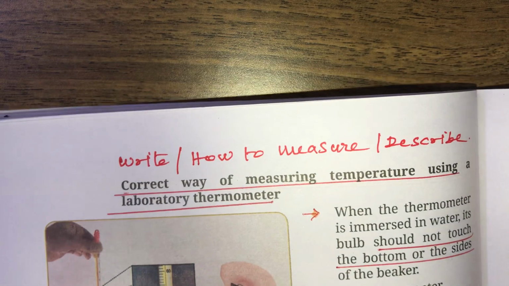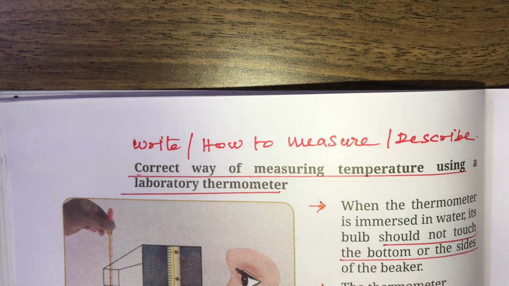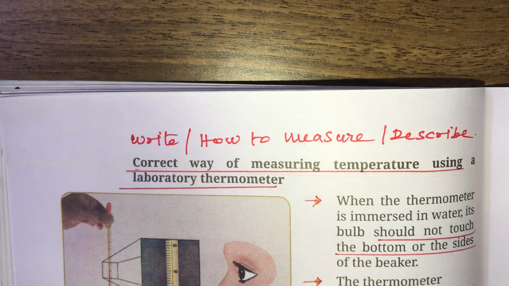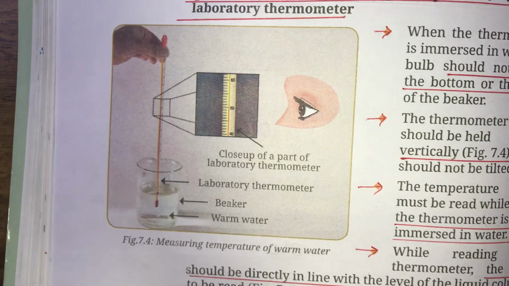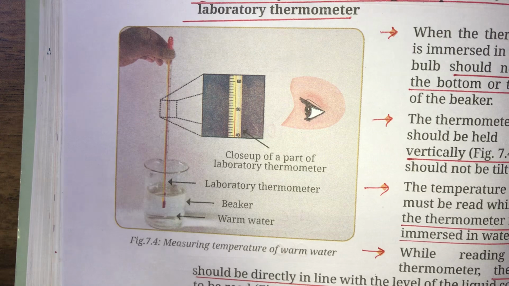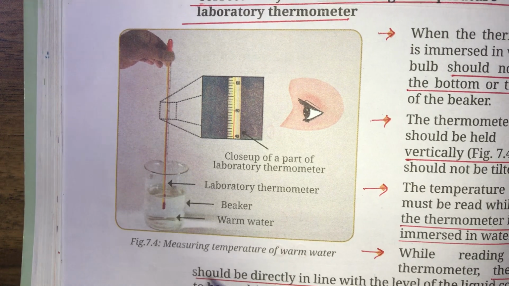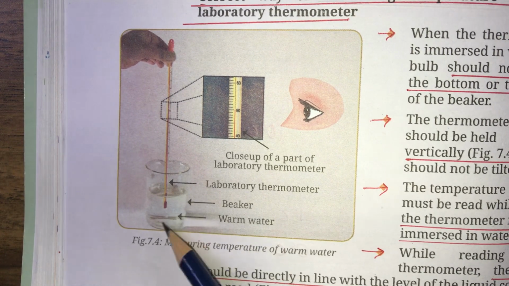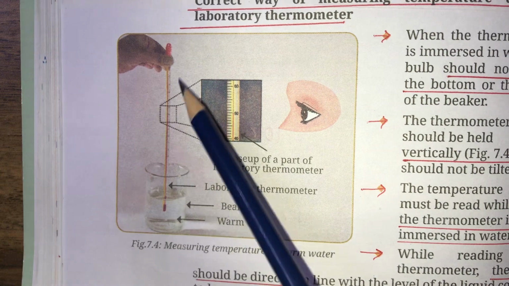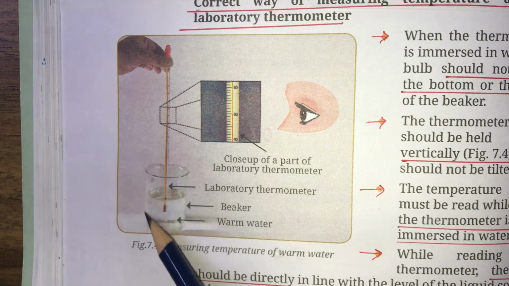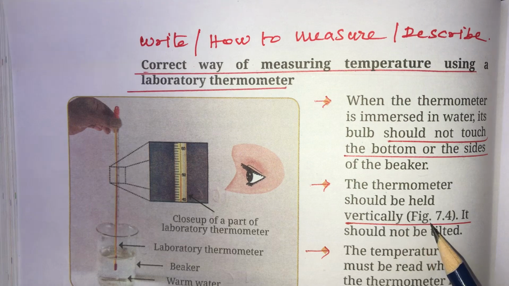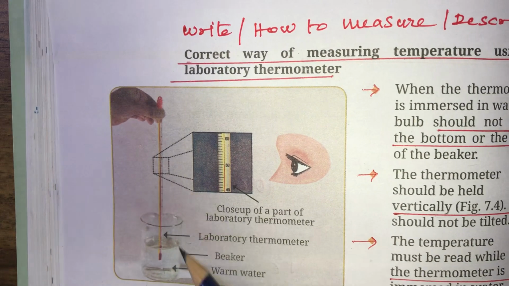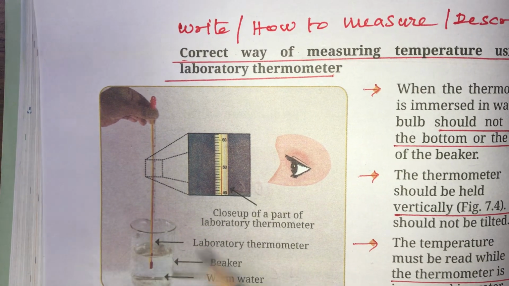Next, describe the correct way of measuring the temperature using a laboratory thermometer. The thermometer is not supposed to be kept along the sides or at the bottom. It should be placed vertically without touching the sides and bottom, and not tilted.